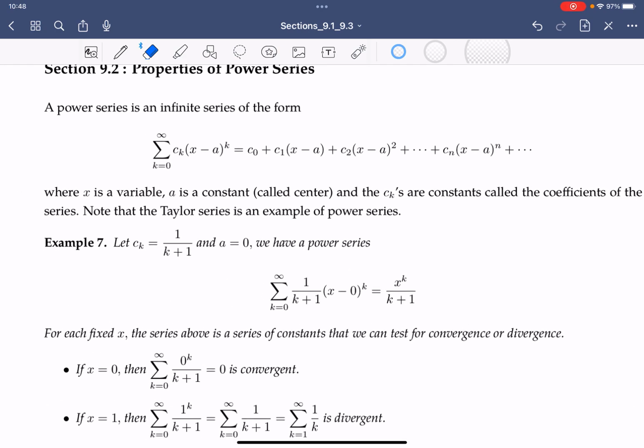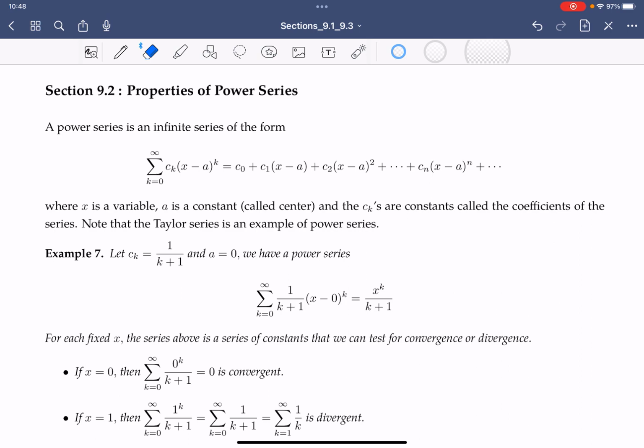First of all, let me introduce the power series. A power series is a specific type of series in this form: C0, C1, C2, up to Cn as coefficients, and each time you multiply by x minus a, then x minus a squared, up to x minus a to the n, and keep going non-stop.